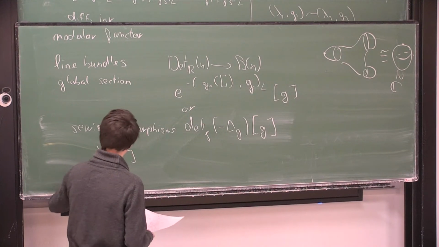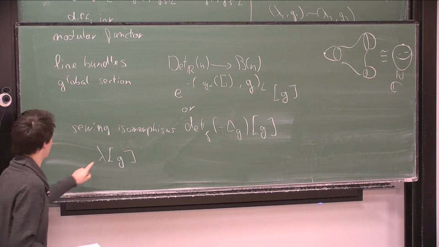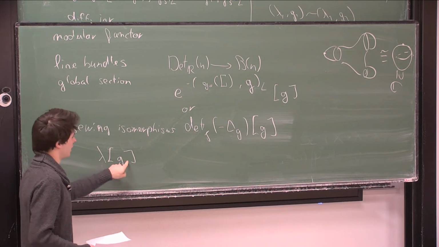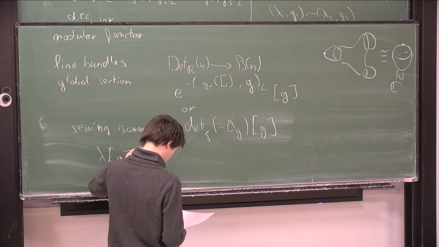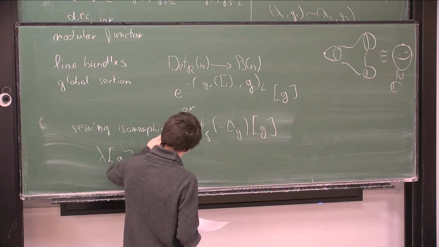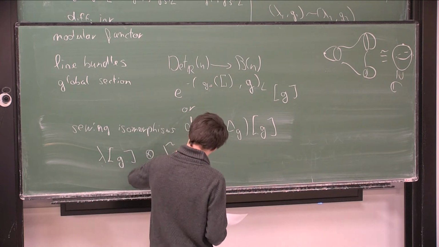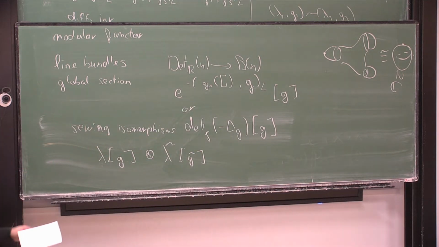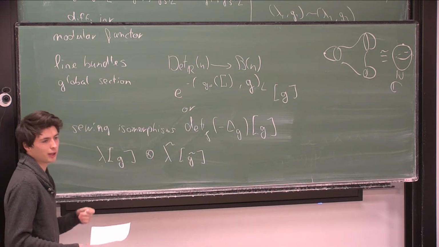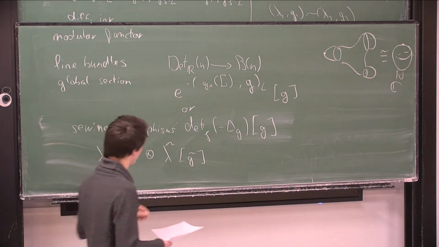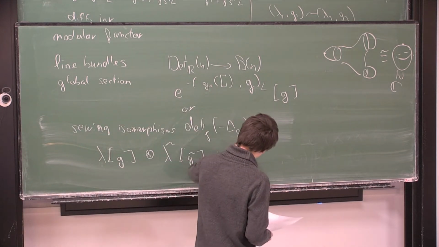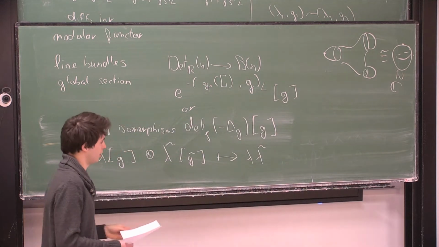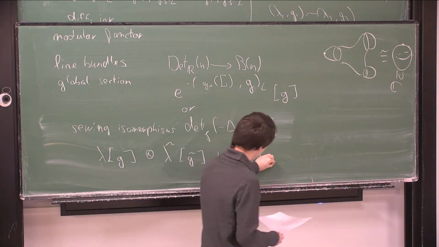If we have, on some surface sigma, something in the line bundle, which is always a number and some choice of metric, and then we have a second one, and we sew them together in some way, so we have to choose the boundaries along which we do this. Then there should be some bilinear map. So it's bilinear in the factors.